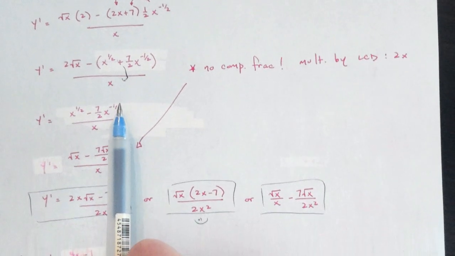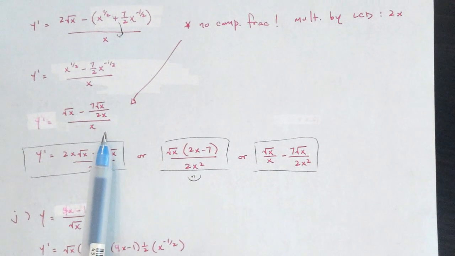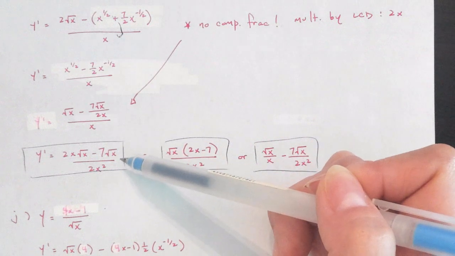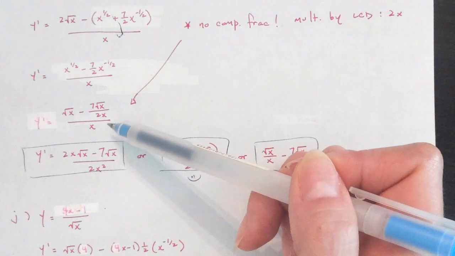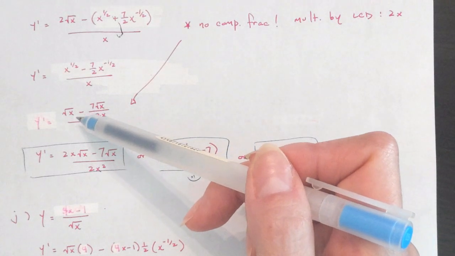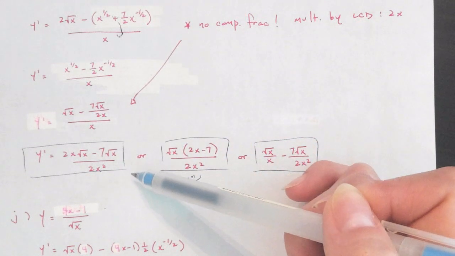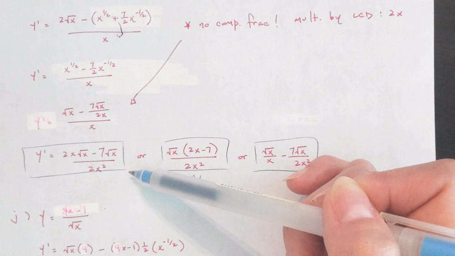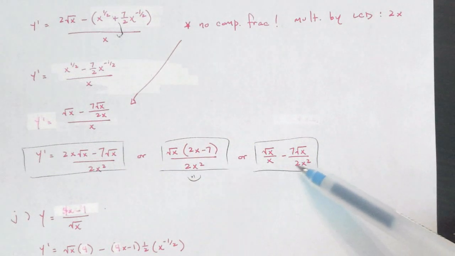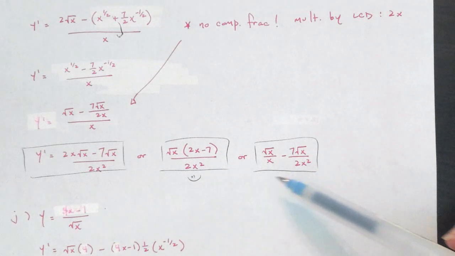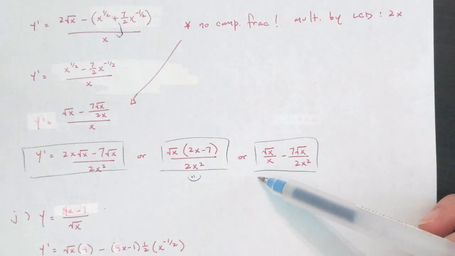So I'm just going really slowly, showing all my steps, and then I get this, and then I change it into radicals, and from here, that's a complex fraction. So you multiply the top and bottom by LCD, which is 2x. So if you multiply, you get 2x times this, and then you get 7√x, and then you get 2x times this. So final answer, or you can factor out the root x and you get this, which is exactly the same, or you can have two fractions, which is this, and these are all exactly the same. This one has a smiley face just because I think the book has this as the final answer, okay? But any of these are totally fine.